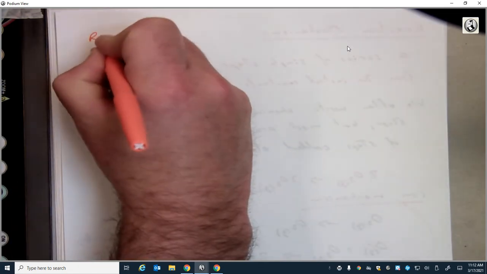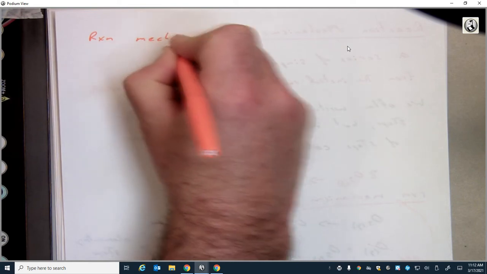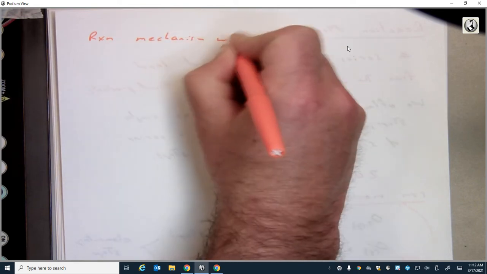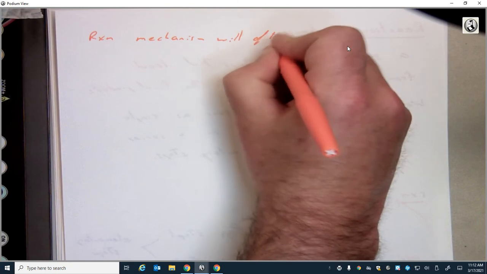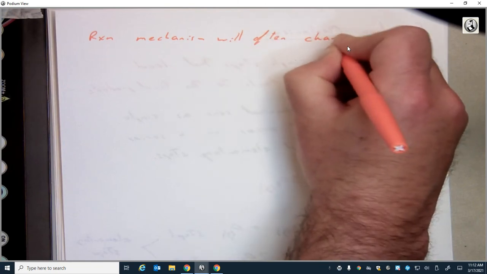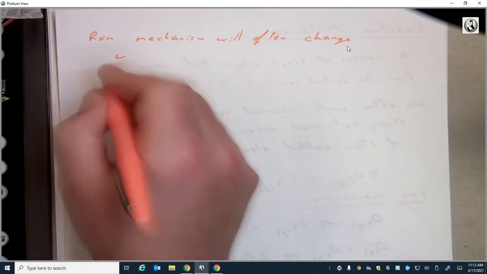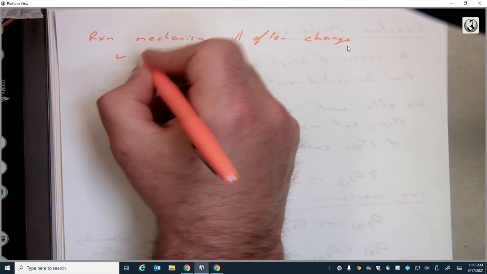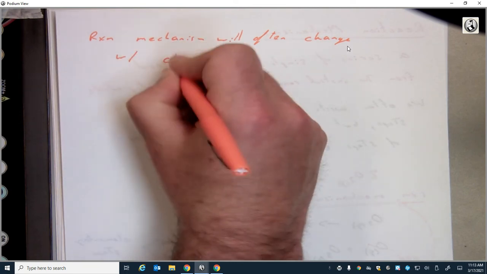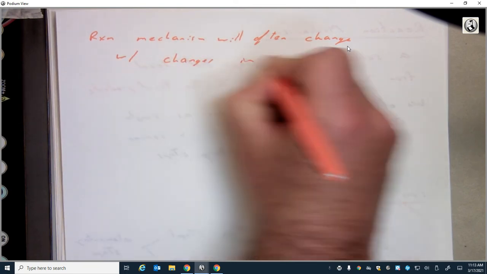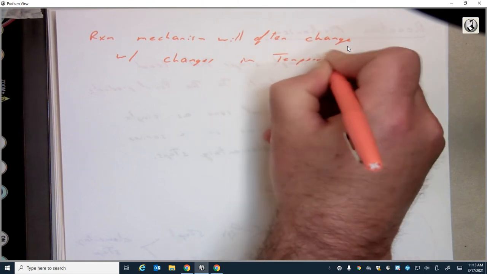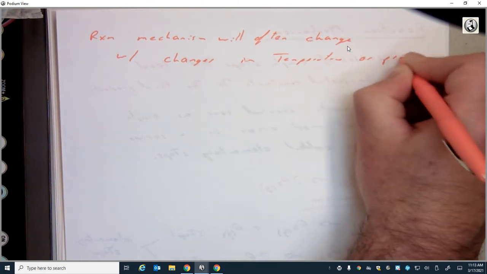Now, the reaction mechanism of a reaction will often change with changes in temperature or pressure.